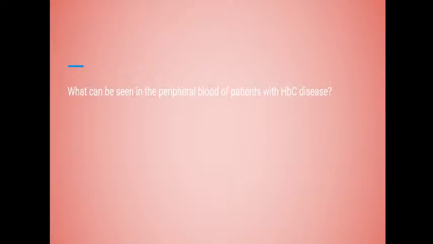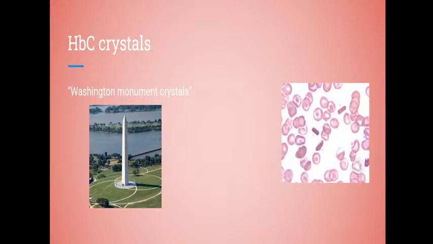Alright, now let's talk about the peripheral blood picture of a patient who is suffering from HBC. They have what you call HBC crystals. Okay, they resemble the Washington Monument, as you can see here.